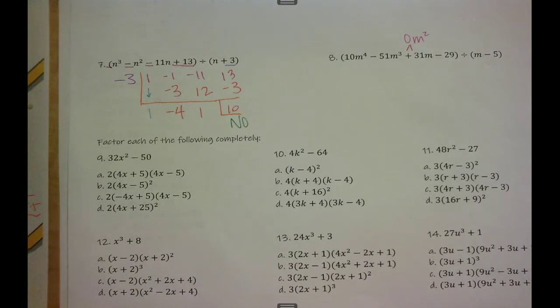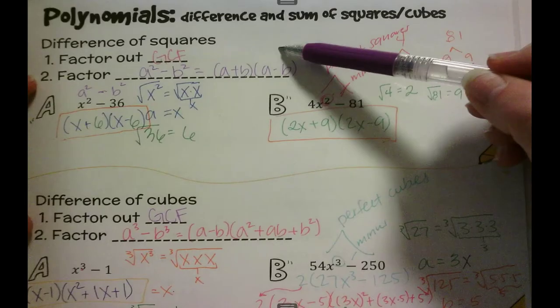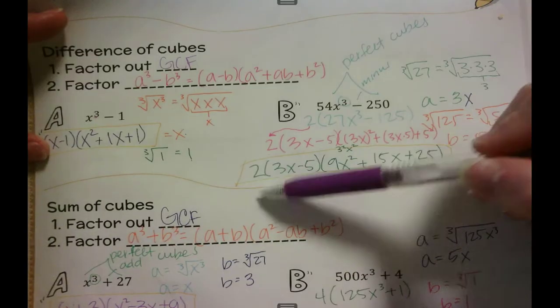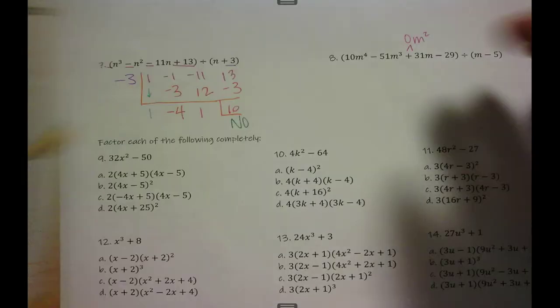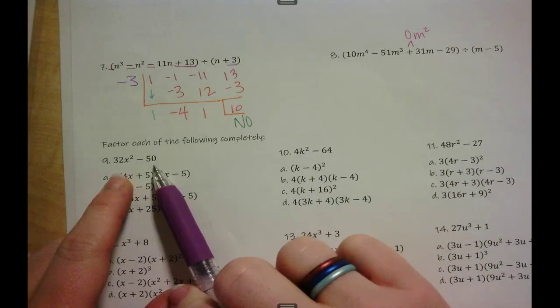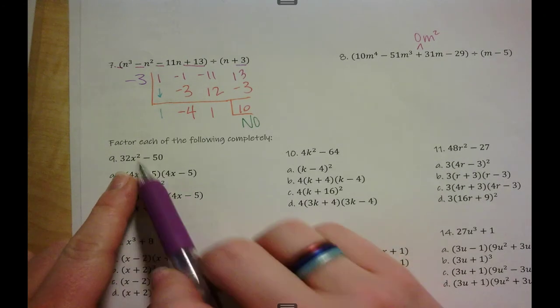Your first step is to identify which one of these it's going to be. Is it the difference of squares? Is it the difference of cubes? Or is it the sum of cubes? Easy way to figure that out: when I am looking at these, I'm going to go to the exponent.